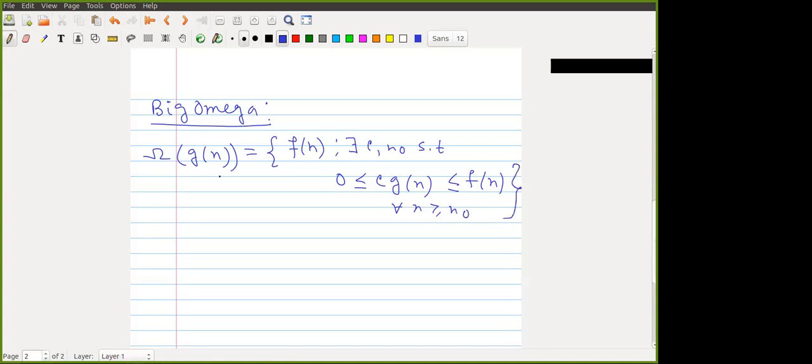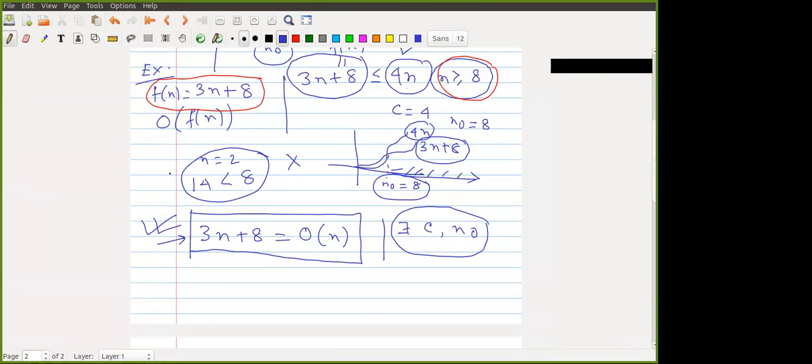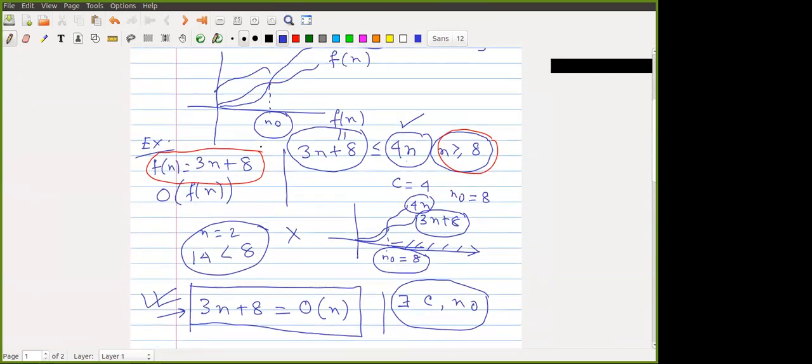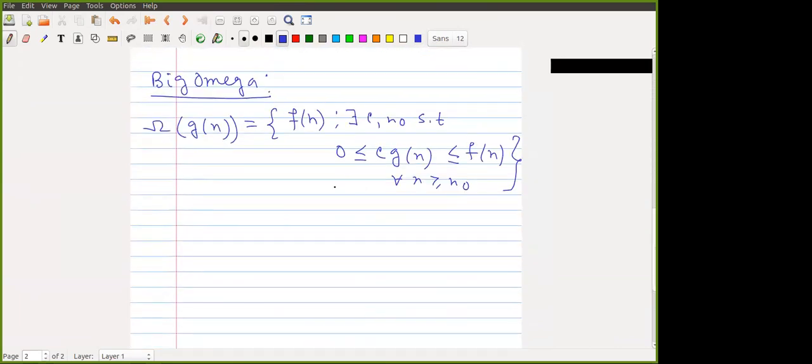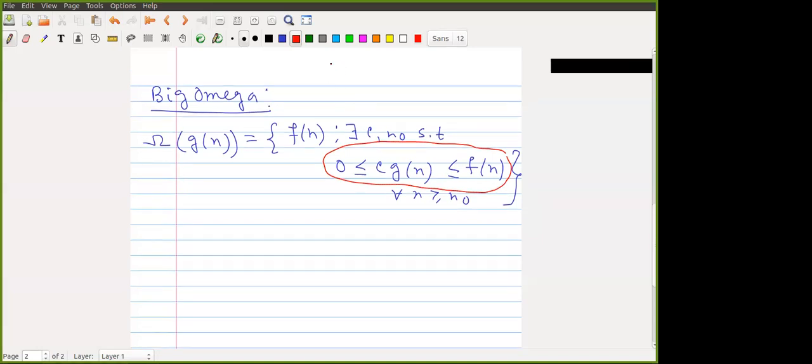The definition of big omega is very similar to big O, except that the condition is reversed. For big O, it was 0 less than or equal to f(n) less than or equal to C g(n), but it's the other way around.